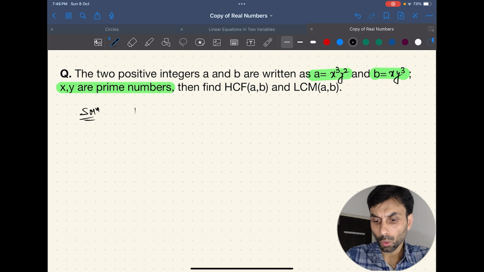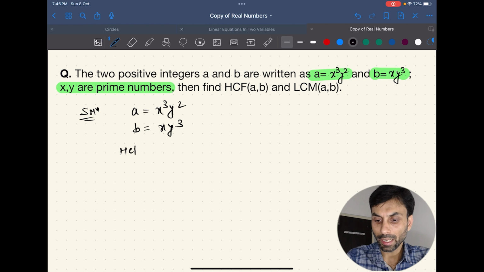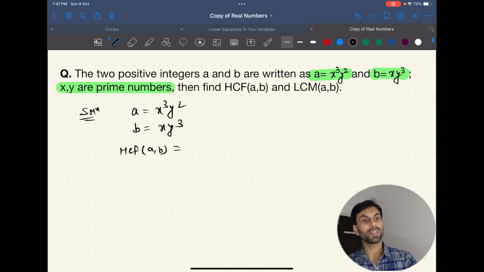So here we have a equals x cube into y square and b is x y cube. We know that HCF of a and b will be the product of the least power of common prime factors.